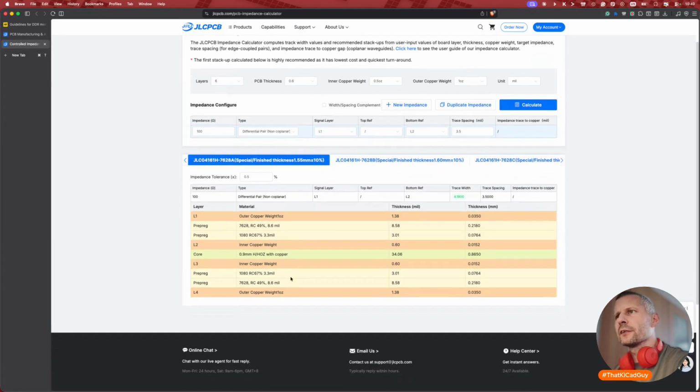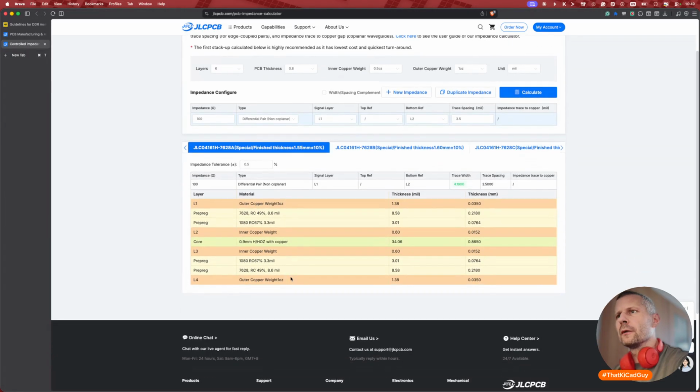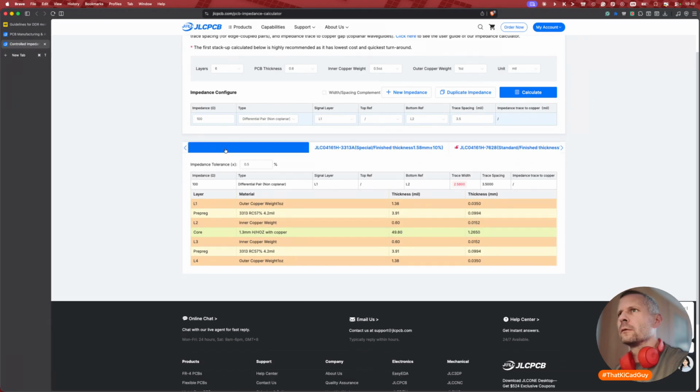Wait, it's a 4-layer stack up. I need 6-layer. I have 6 layers. So what's the problem?